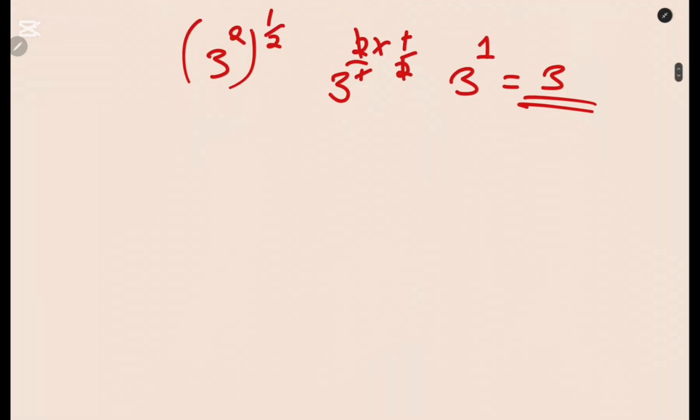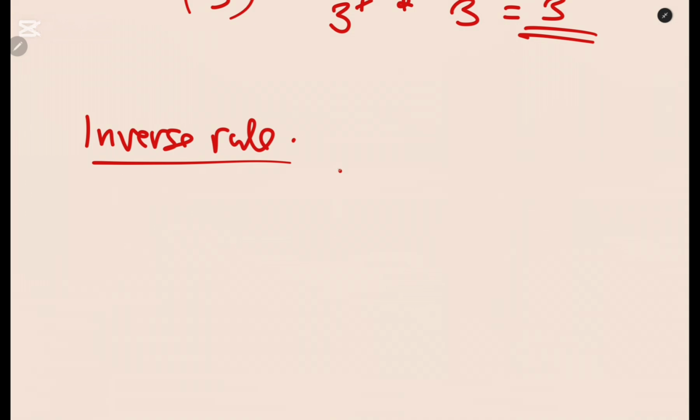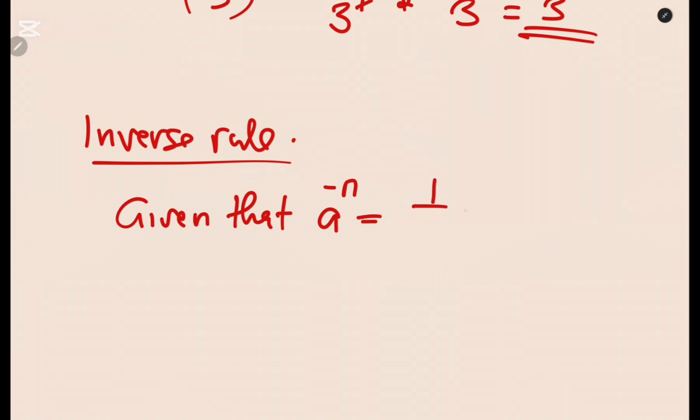Up to the next one, which is number 6 in this case, and this one is called the inverse rule. What about this inverse rule? In this case, we are going to say, given a as a base, raised to the power negative n, this is just the same as 1 over a raised to the power n.